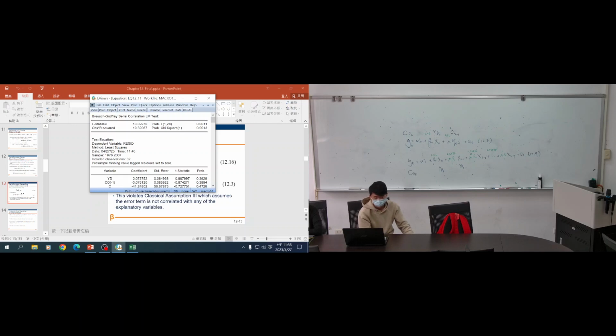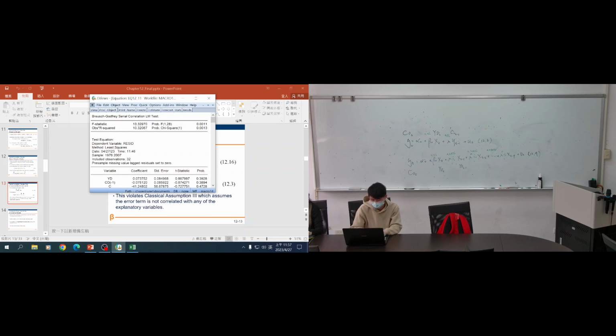Okay, since we still have some more minutes, let's take some time. Next time I'm going to talk about stationary and non-stationary. I think this is an important concept in time series data. When we do regressions, we do assume all these variables are stationary.